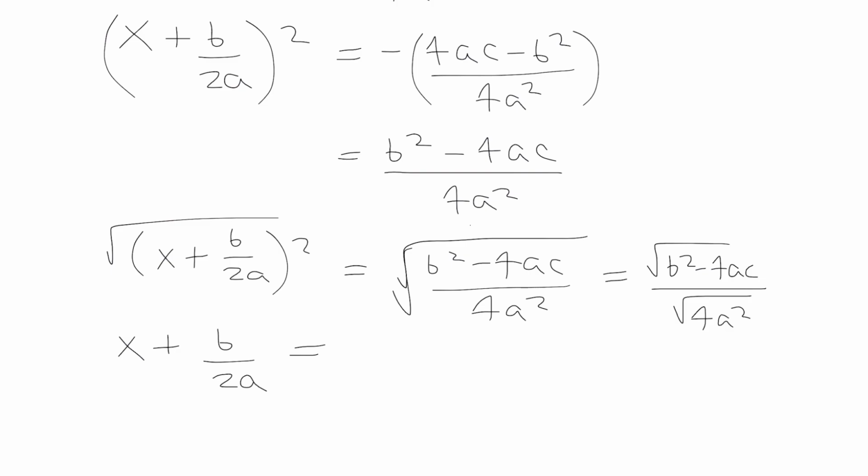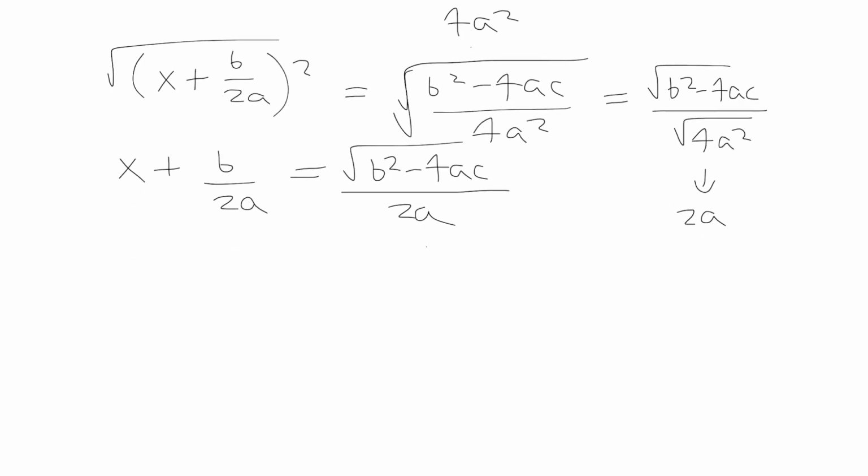The square root of 4a squared is 2a, so we can simplify this. We now have x plus b over 2a is equal to the square root of b squared minus 4ac over 2a. Hopefully you can see we're getting quite close to the quadratic formula.